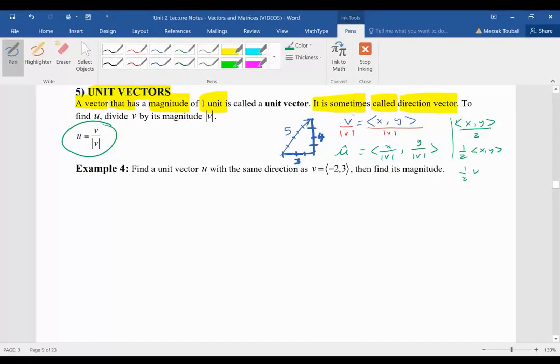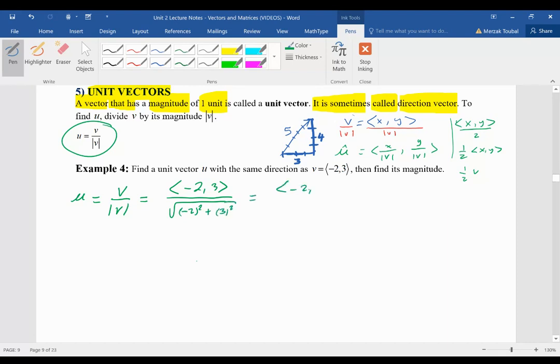So let's find the unit vector. Now, we said the unit vector u is v divided by the magnitude of v. What is v? v is -2, comma 3. What is the magnitude of v? Well, that's the square root of -2 squared plus 3 squared.